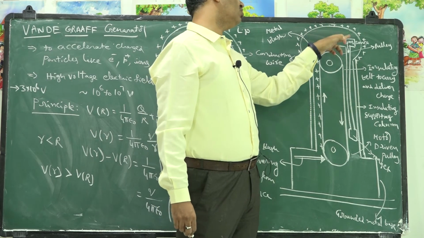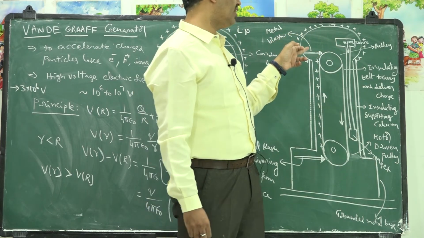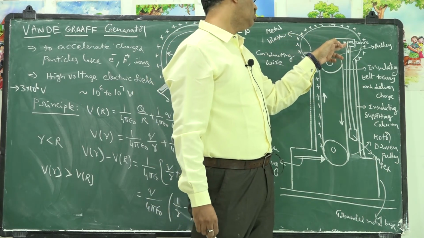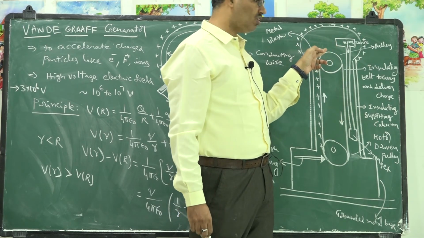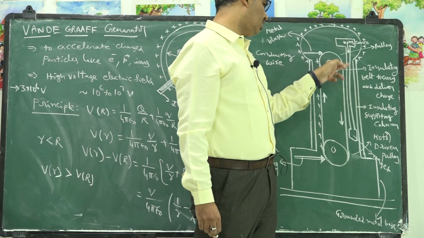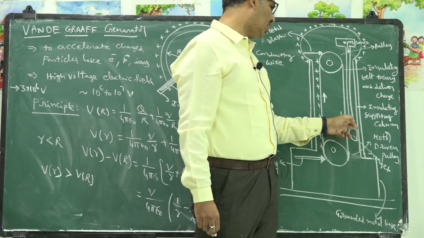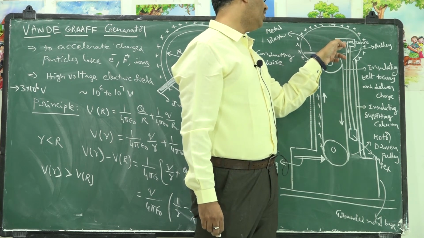The potential on the outer shell keeps on increasing. Once the potential reaches the air breakdown voltage, it becomes constant. Till that value we can raise the potential. Once the potential reaches the required value, here we have taken an insulated chamber. Inside that chamber we have an ion source.